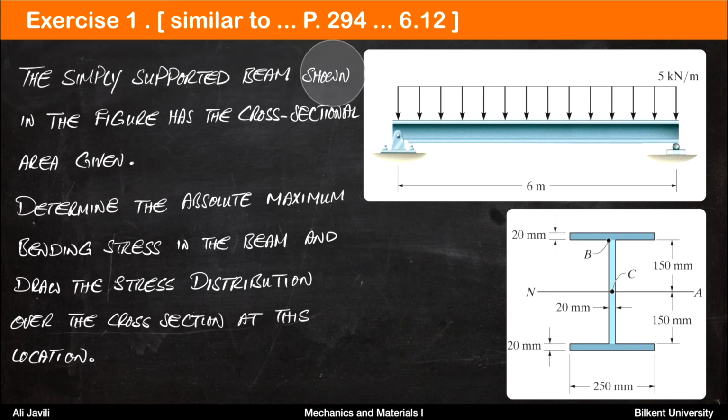The simply supported beam shown in the figure has the cross-sectional area given below. So this is the cross-section. Determine the absolute maximum bending stress in the beam and draw the stress distribution over the cross-section at this location.